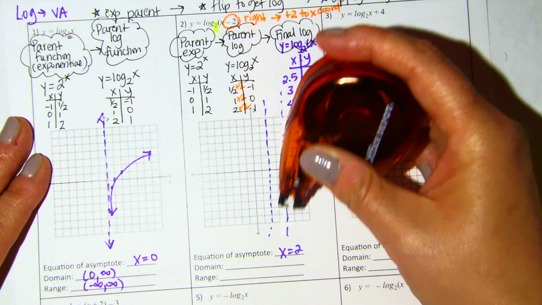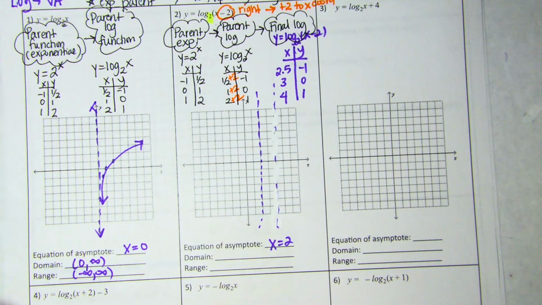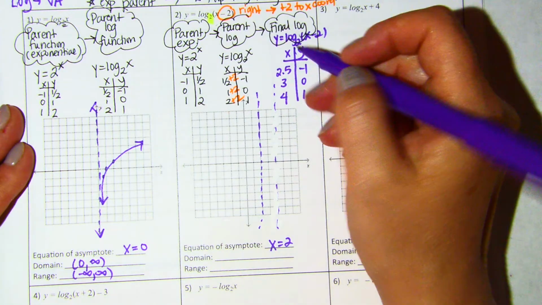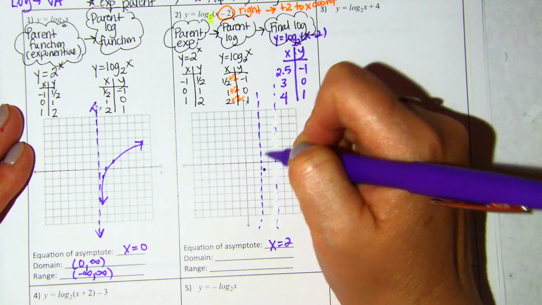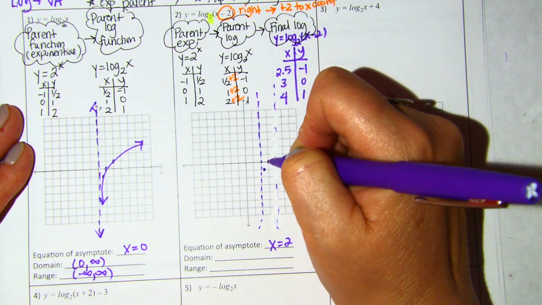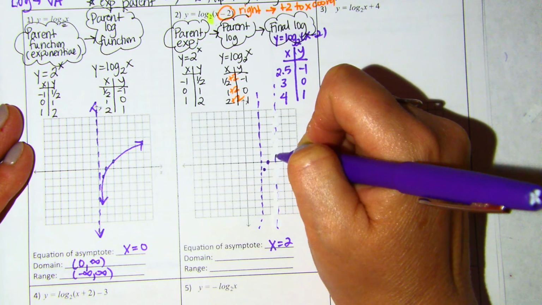This is why we always tell you to do your work in pencil. Okay, so x equals 2 because it goes to the right, so the asymptote moves to the right. And now I'm going to graph my points. So 1, 2.5, -1, and then 1, 2, 3, 0, and then 4, 1.